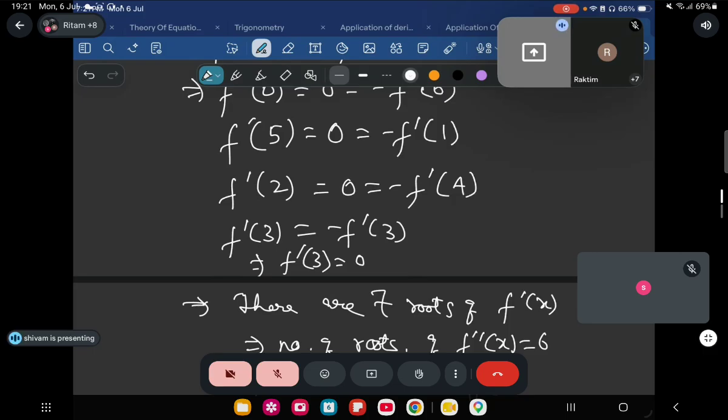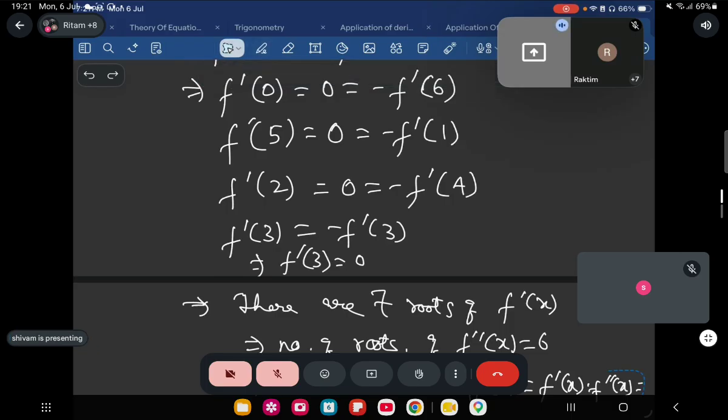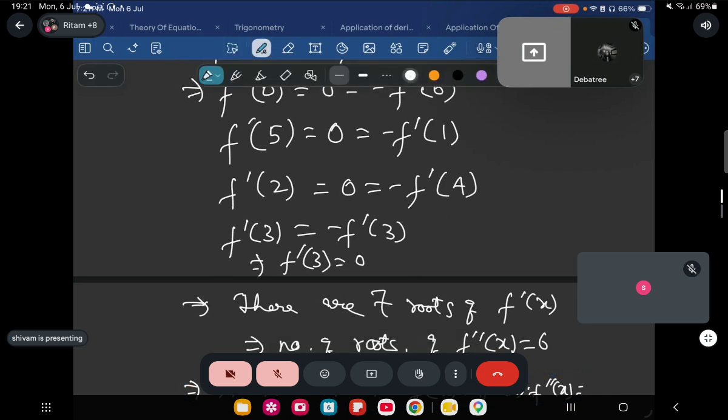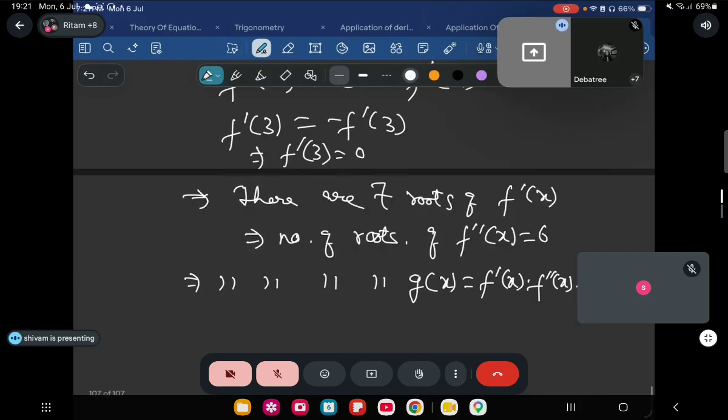Remember, g of x is equal to f dash x into f double dash x. How many roots will be there? 13, right? Tell me. Aipsha, Devatri, Raktim, Ritam and Sarthok, tell me.